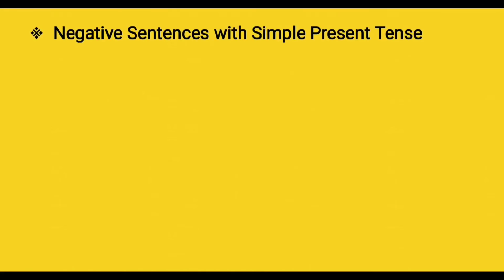So let's move on. Now the question is, when the sentence is in simple present tense, what can we do? As we learnt about the simple present tense, it has no helping verb, right? So at that time what can we do?